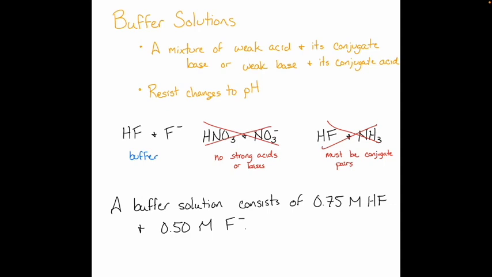All right, so we created this buffer solution. We made it 0.75 molar hydrofluoric acid and 0.5 molar fluoride ions, right? So a mixture of the acid and its conjugate base. And we want to know, what is the pH?